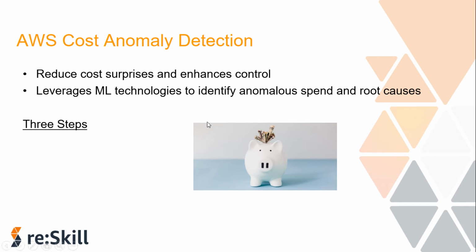So these three steps I will tell you in a while, and we will also see on the AWS console how we can set a cost monitor and how the cost anomaly detection can be useful for you. And one can get started by creating AWS cost anomaly detection by Cost Explorer API or directly from the cost management console also. So right now we will be setting up through the cost management console itself.